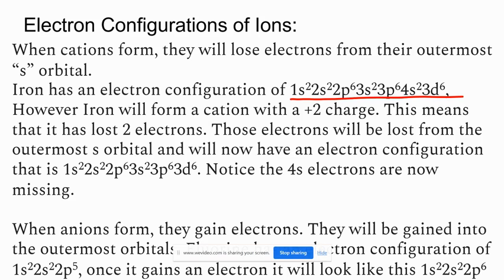What is the highest N number for iron in this electron configuration? What's the biggest N value here? 4. This is where those 2 electrons are going to get lost. So it pulls it out of the s orbitals, the higher N values first.